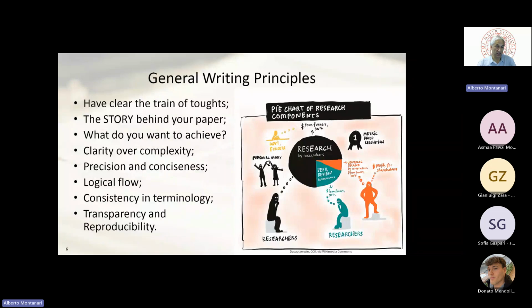of sections and sentences in the paper, with a consistent terminology that is consistent not only internally in the paper, but is consistent with the terminology of the literature.